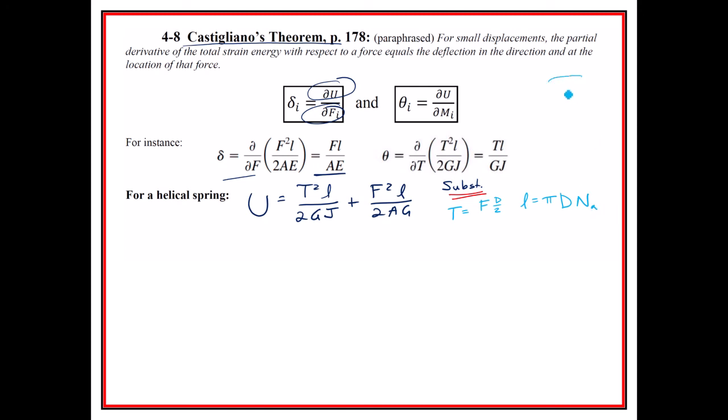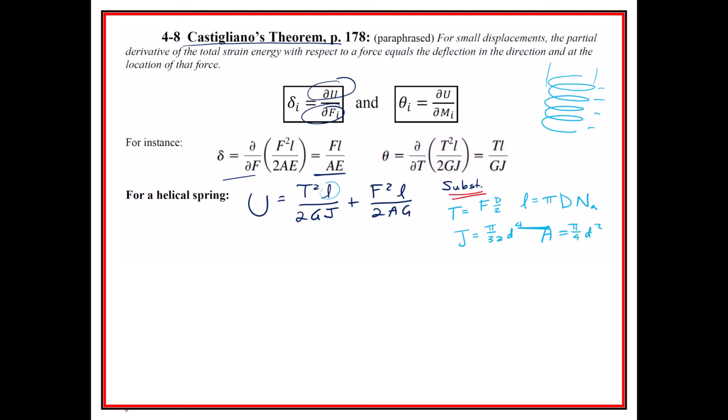You get that, right? If we stretch the whole thing out, here's the circumference and then the number of coils that you have right there. That would end up being the total length of the thing. And then J is going to be pi over 32 d to the fourth, and then the A is going to be pi over 4 d squared.